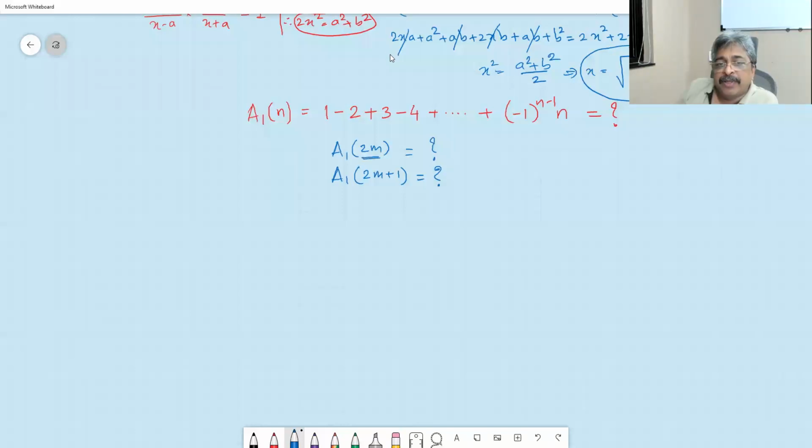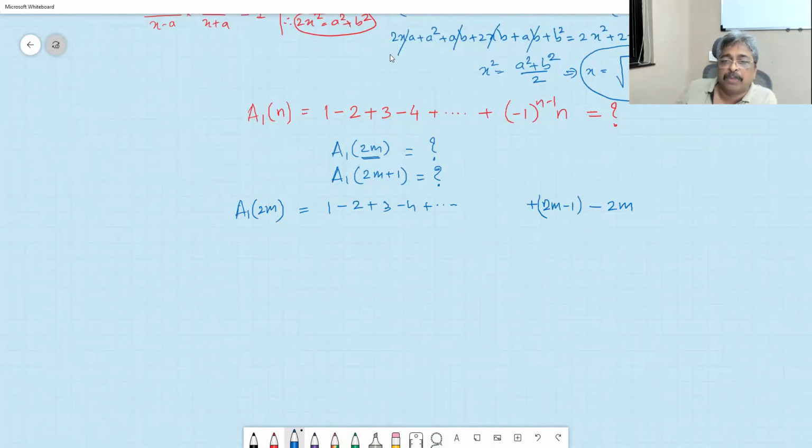2m means they are even numbers. M is an integer, therefore A1 of 2m is an even number. So you will observe that A1 of 2m will look like 1 minus 2 plus 3 minus 4 plus dot dot dot. The last number will be minus 2m, the number before that is plus 2m minus 1, and so on.